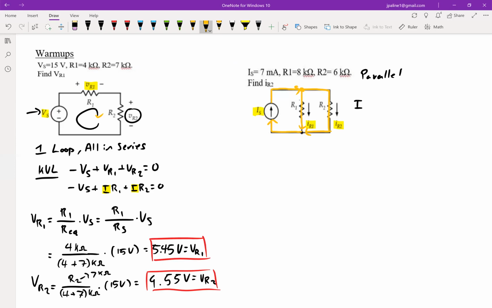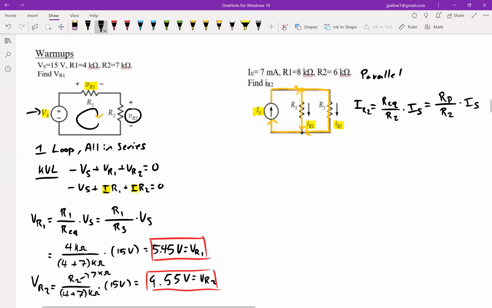So to find IR2, we will say that it's going to be R equivalent over R2 times I of S, which if we break it down a little bit more, will be R parallel over R2 times I of S.